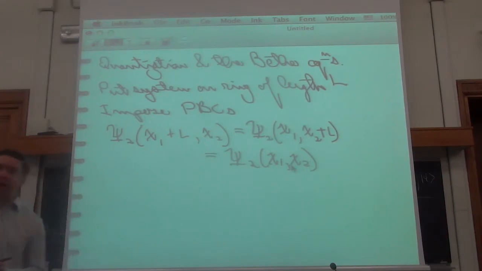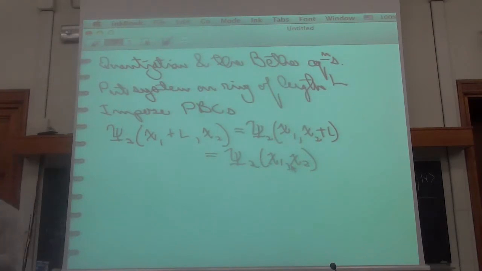Now, of course, this has dramatic consequences for the allowed momentum modes that you can have. Okay, just like the case of a free system, you just quantize your momenta. Here the same will happen, except that the form of the quantization condition is a kind of glorification of the one that you're used to from free particles.